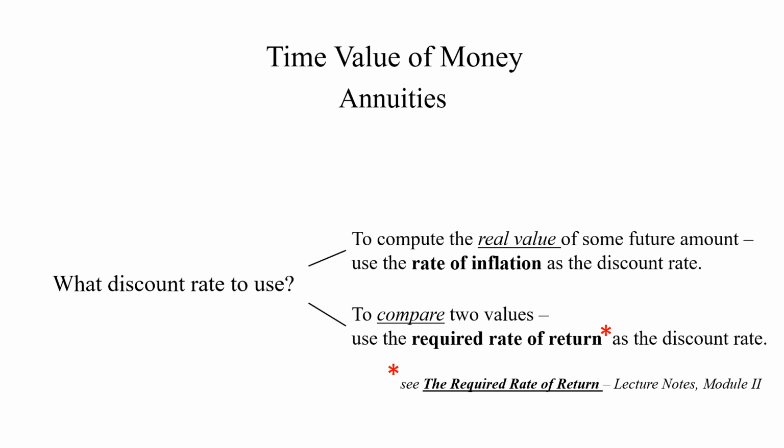But if we're comparing two values that we will receive in the future, we need to use something called the required rate of return. Again, there is a set of lecture notes in Module 2 describing the concept of the required rate of return, what it is, and why we would use it. Make sure you understand that concept thoroughly.